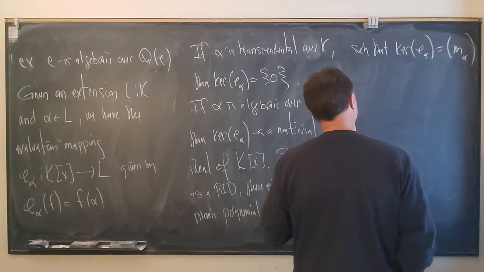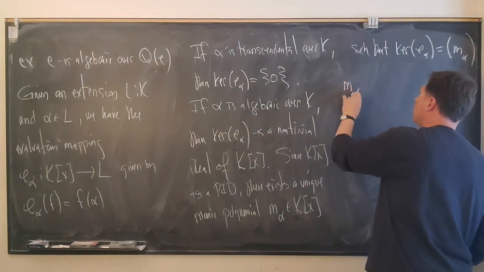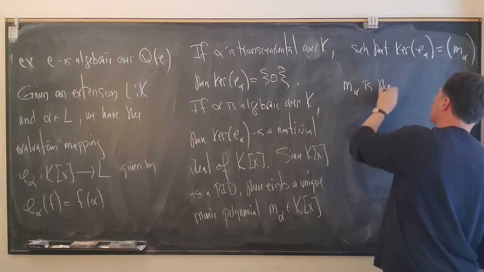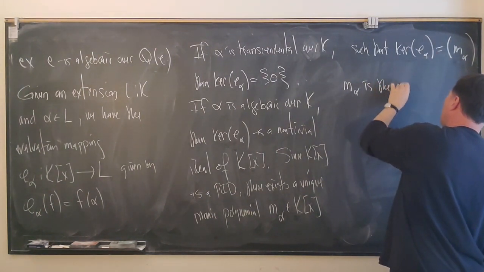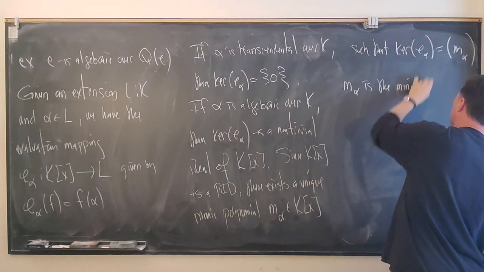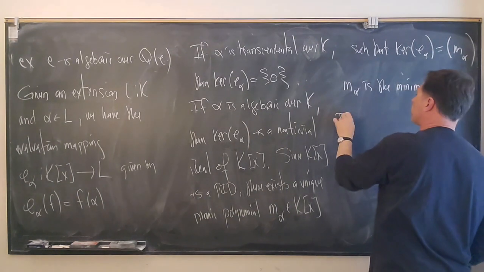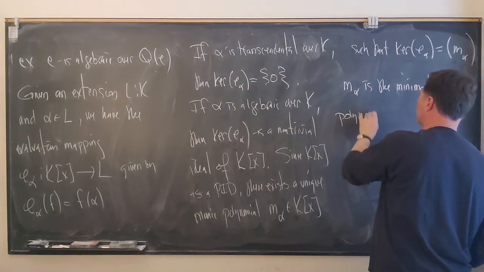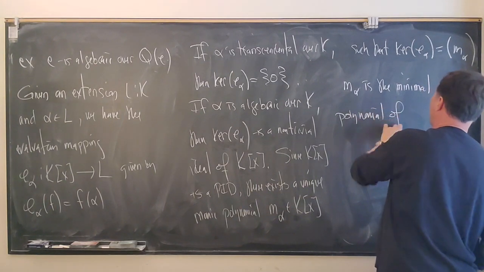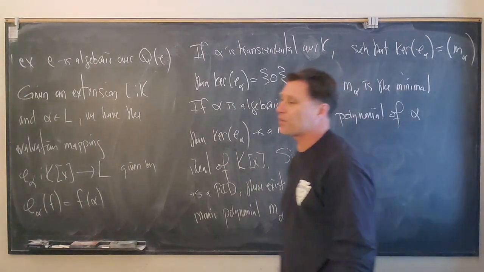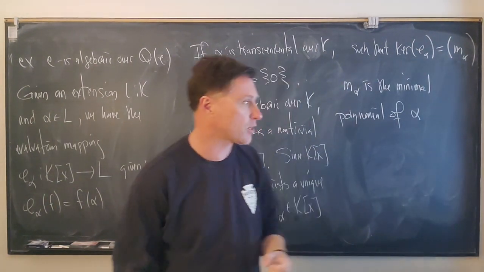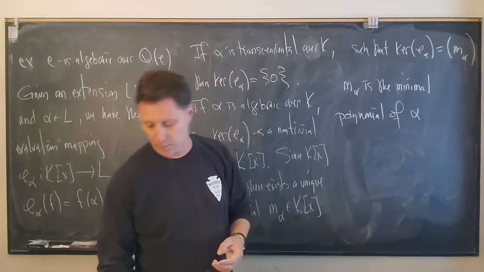This polynomial has a name, so M sub alpha is the minimal polynomial of alpha. Now we need to be a little bit careful. It's really with respect to K. So as you change K, the minimal polynomial is going to change.